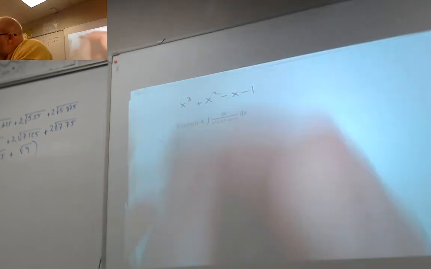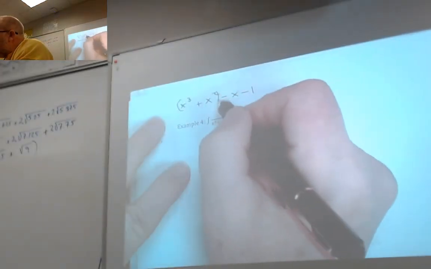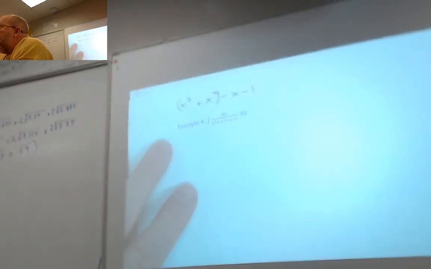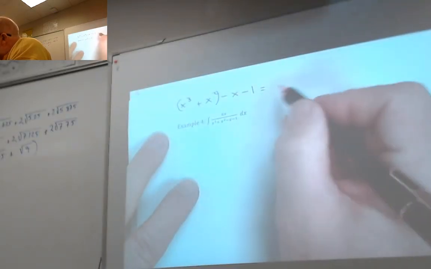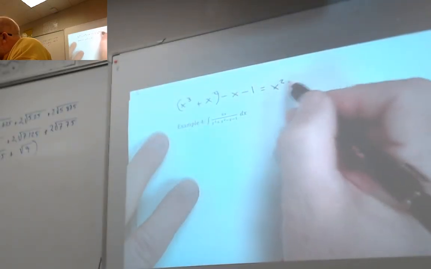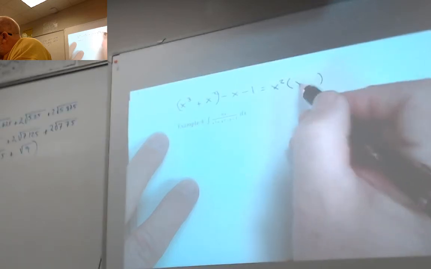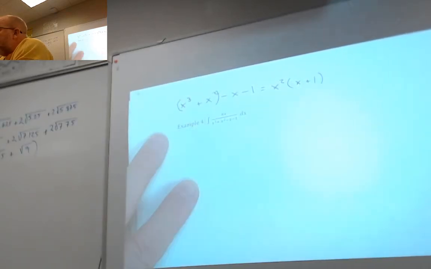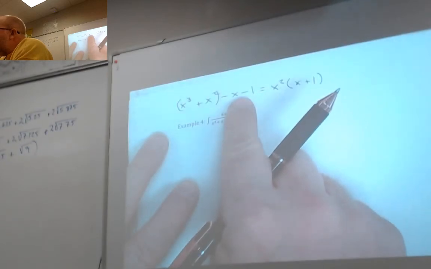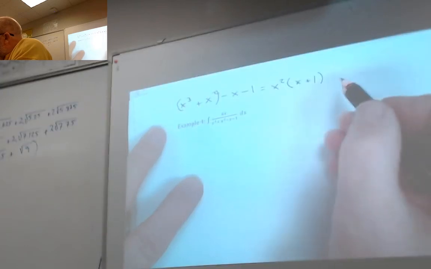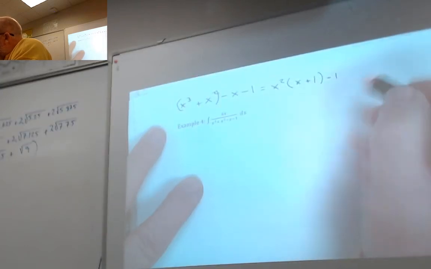Okay. I'm going to put parentheses around these first 2. Maybe that'll help. What can I factor from there? An x squared, correct? So I get x squared. What do I have left in there? X plus 1. Can I factor something from this so I get an x plus 1? I'm going to factor a negative 1, and I'm going to get an x plus 1.